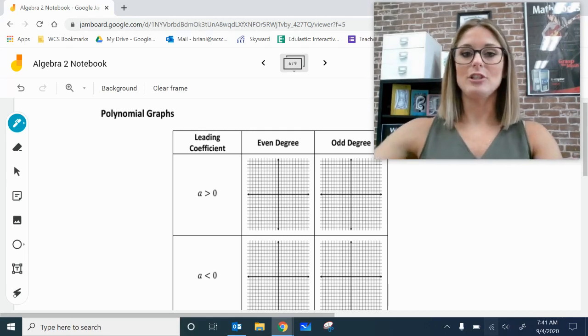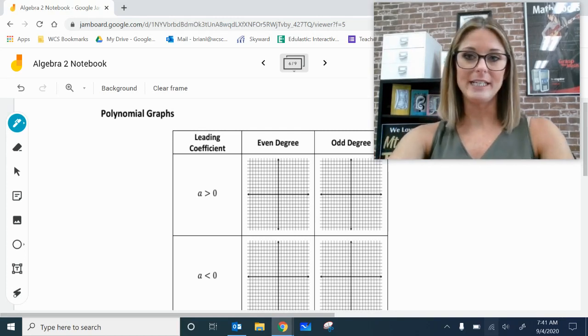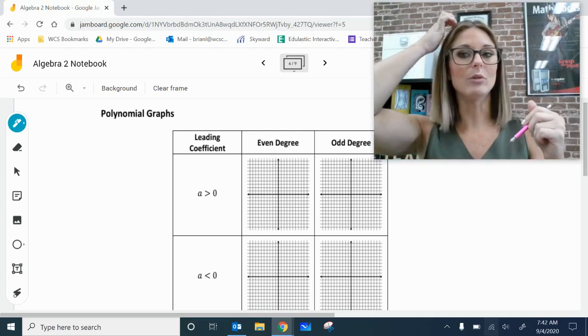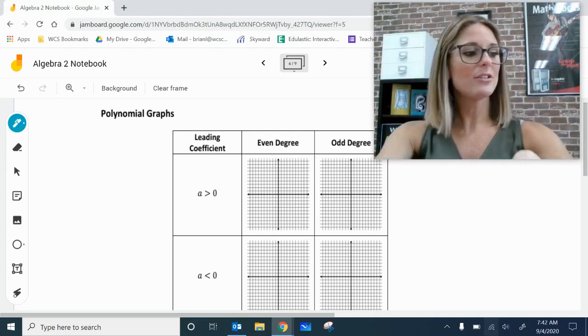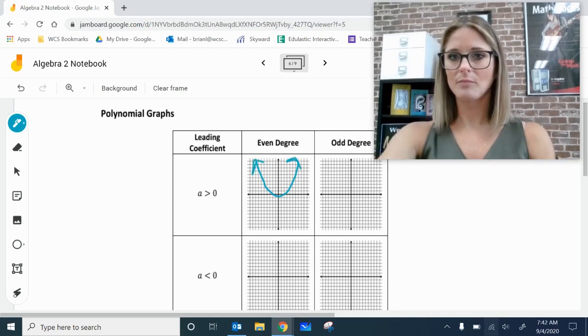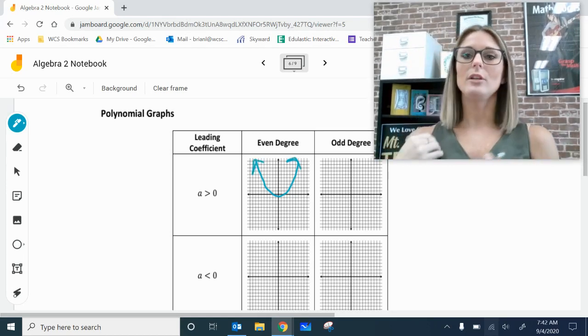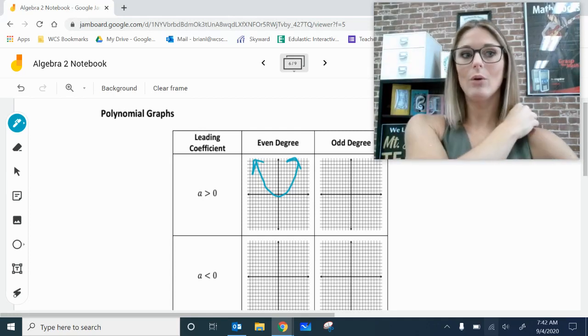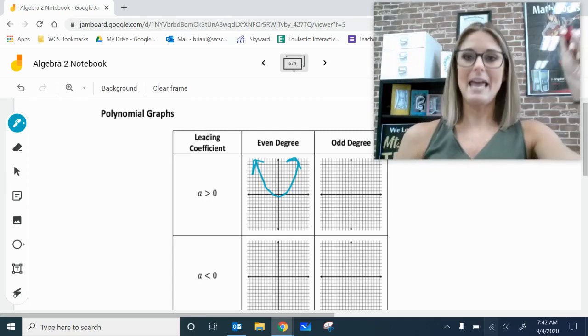If your leading coefficient is greater than 0 and it's even degree, so think about the quadratics. It was x squared. So if I had y equals x squared, it makes just a nice parabola, right? Well, we're also going to look at what if it's y equals x to the 4th, or y equals x to the 6th, 8th, 10th.